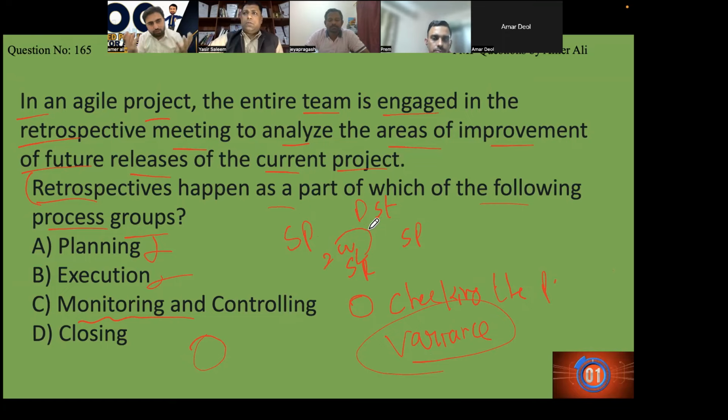That sprint is over. When something ends in PMP, we call it close. It's very confusing because we are getting improvements from there that can be used in the next sprint, but that sprint is closed. That sprint backlog is over. So the right answer for this question is closing.